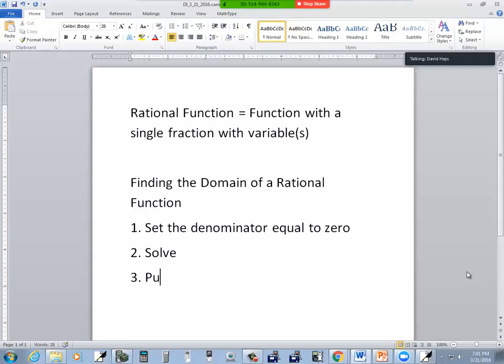And then step 3 is you put a slash through the equals. And I'll show you two different ways of writing your domain, so you see, just in case the quiz has it one way or the other way.